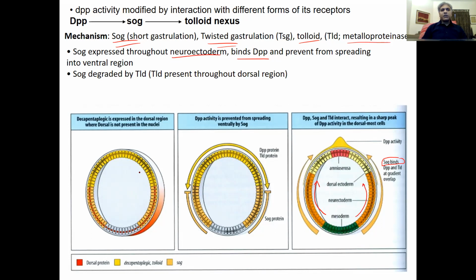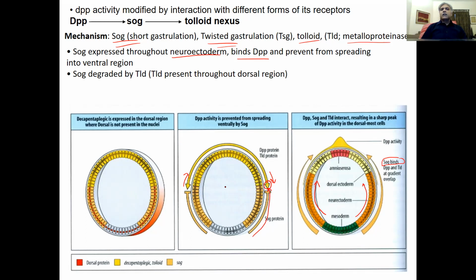So DPP, which was here, SOG protein is in the neuroectoderm, so it is going to restrict DPP beyond the neuroectoderm.